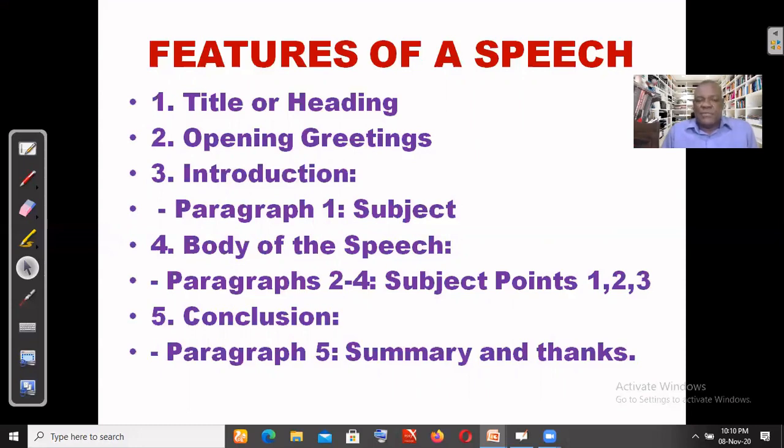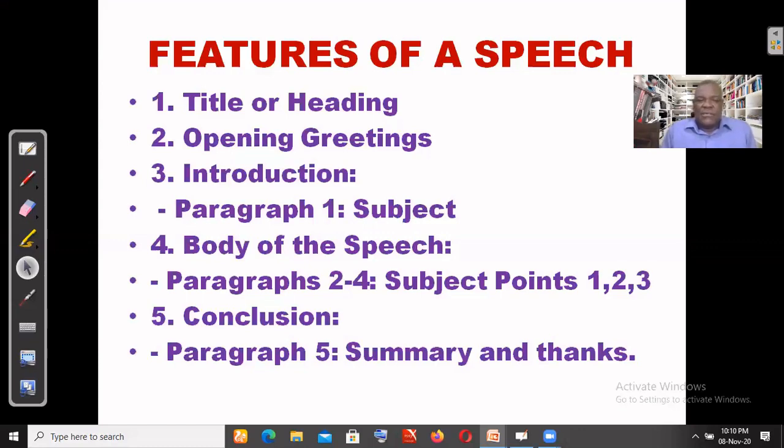Then the body of the speech. After your introduction, you now enter the body of the speech, and this should be at least paragraphs 2 to 4. In some cases, depending on the number of points, like the illustration we have now, we outline as many points as time will permit you to discuss.